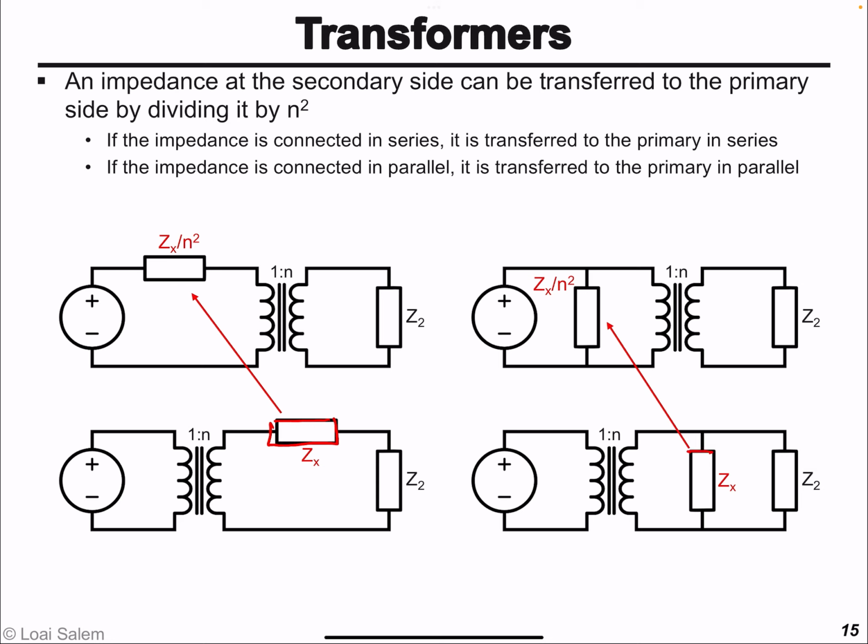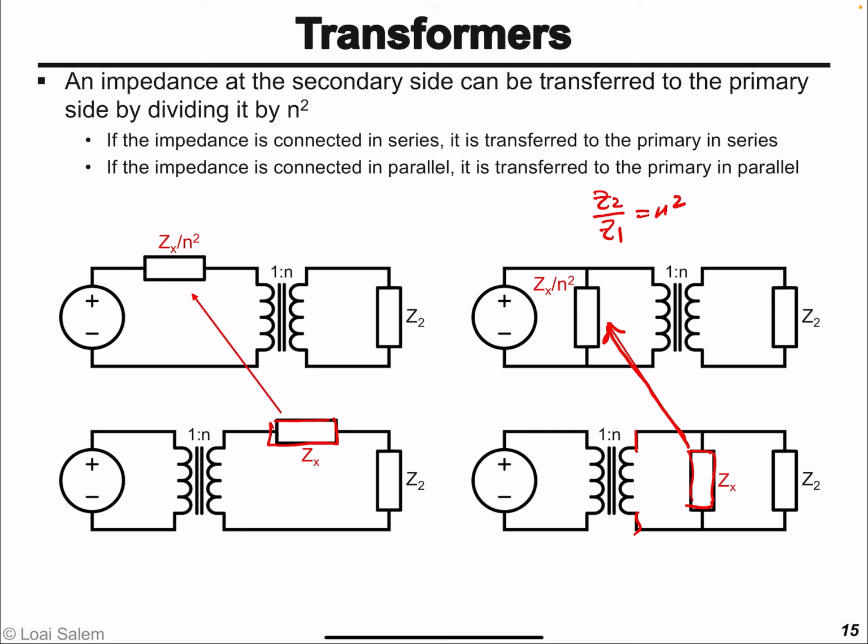If we have an impedance on the secondary side that's connected across the secondary coil, coil 2, it will be seen on the primary side as an impedance, remembering that Z2 divided by Z1 is equal to N squared.